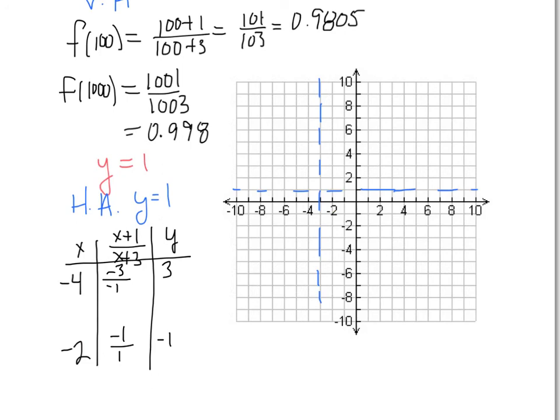Negative 4, up 3 is over here, and that tells me my graph must cross that point, so it's on this side of the two boundaries. Negative 2, negative 1 is down here underneath the horizontal. So that tells me this other part of the graph is underneath, down here.